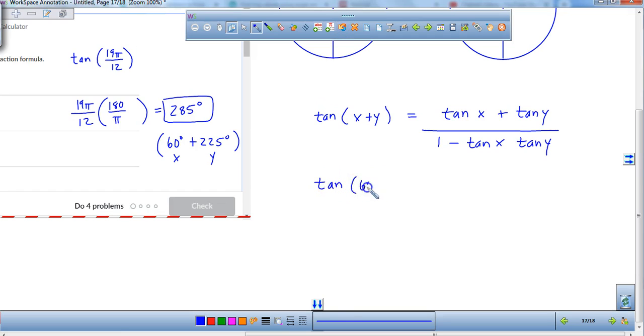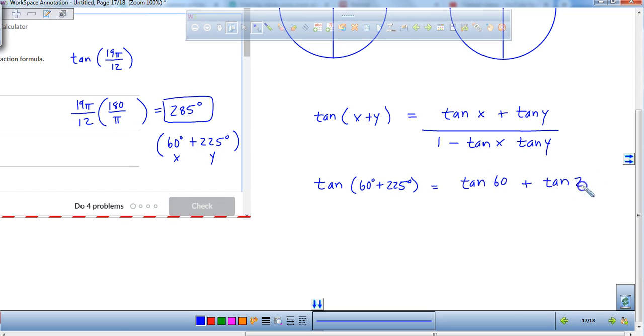Tangent of 60 degrees plus 225 degrees. So I'm going to find the tangent of 60. I'm also going to find the tangent of 225. I'm going to divide that by 1 minus the tangent of 60 and the tangent of 225.